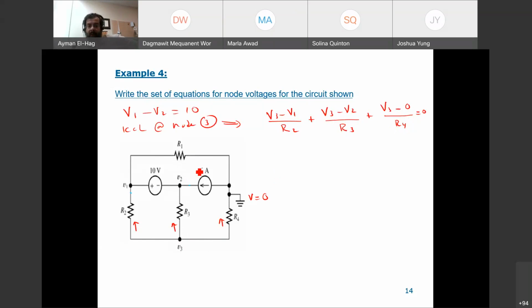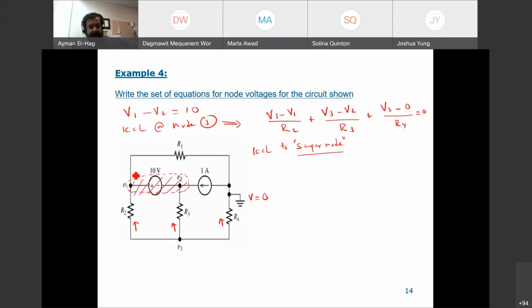Now, my third equation, we will have something like this. Consider this as my supernode. Now, forget about what we assumed before. So KCL to the supernode.